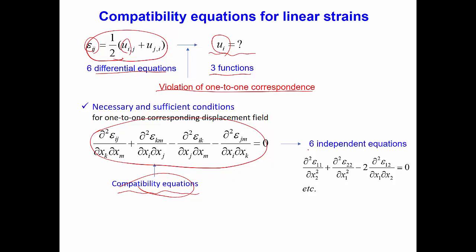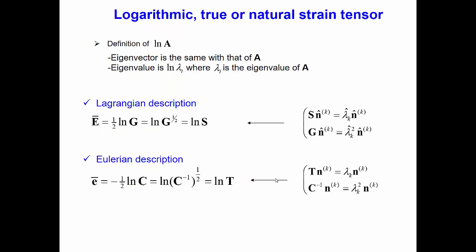We can find that there are only 6 independent differential equations in these compatibility equations. Of course, these differential equations are so complicated, but we don't have to consider the compatibility equation when we use a continuous function for the displacement field in the finite element method.